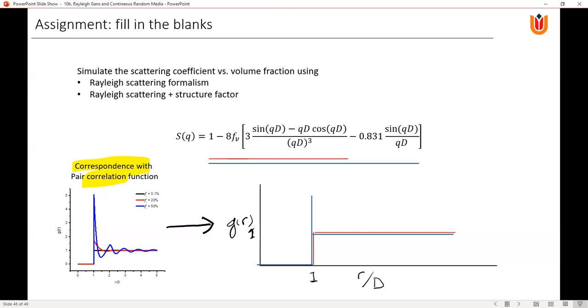If you include that, then that second term appears. So that is a slightly better approximation for the pair correlation function, and therefore also a slightly better approximation for the structure factor.